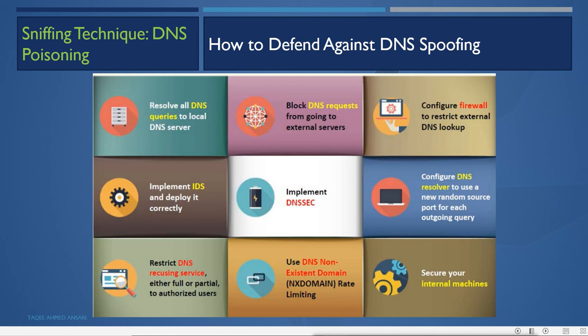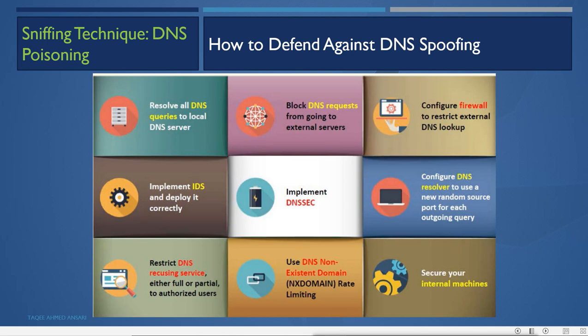Configure the DNS resolver to use a new random source port for each outgoing query. You can do this by choosing the random source port every time, and you have to configure it manually. Then restrict the DNS recursive service, either full or partial, to authorized users.